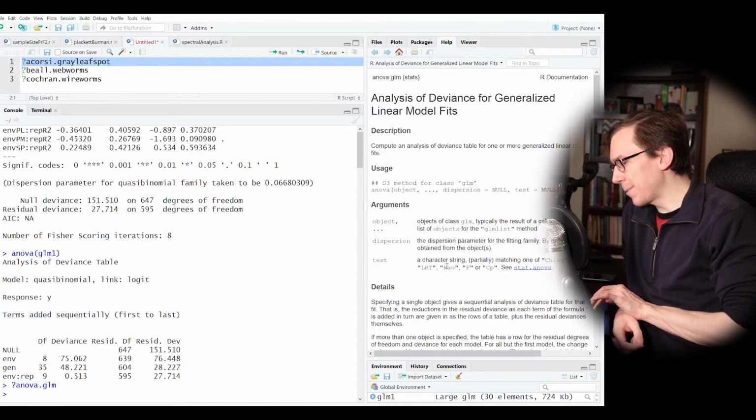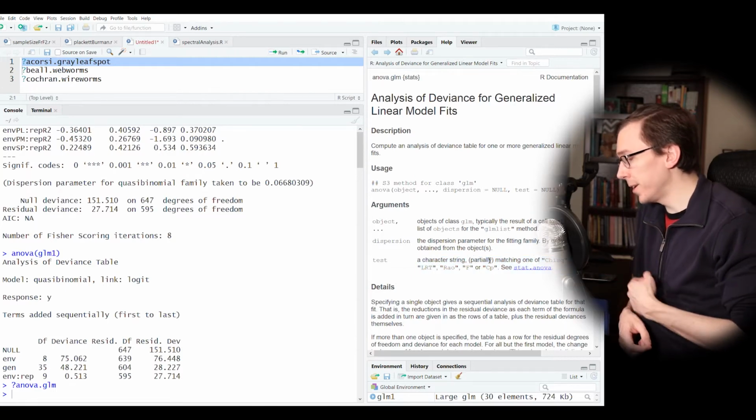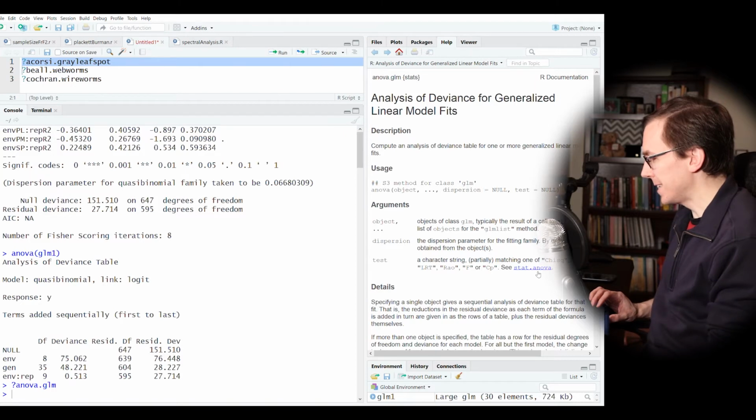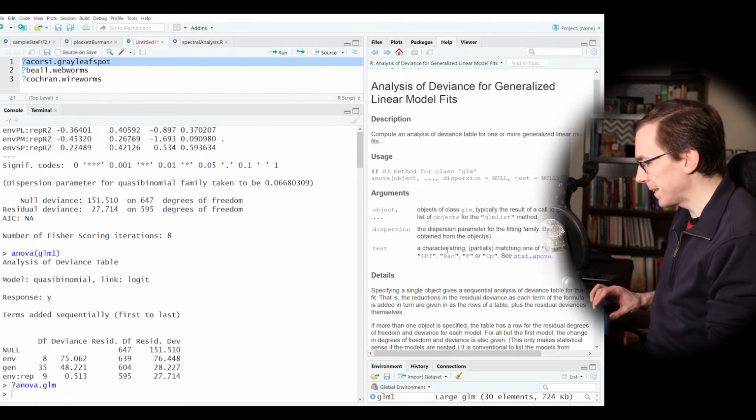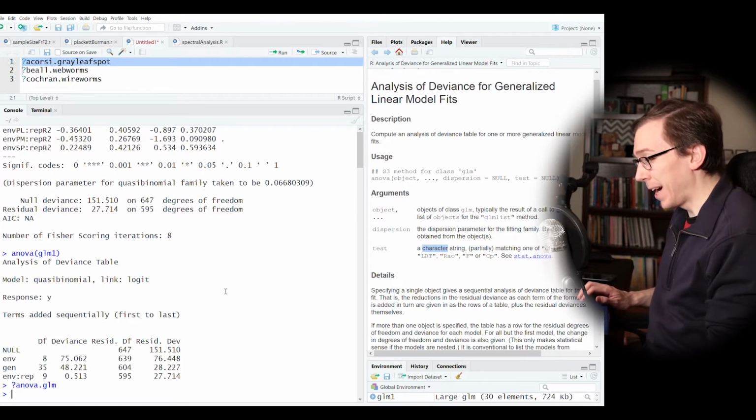And what it says here is that we can actually include different types of statistical tests as well. And they even have a cstat.anova if you want to know more. But this is something that we didn't do prior.